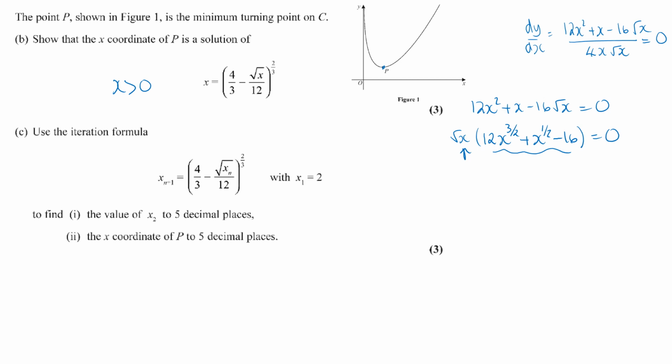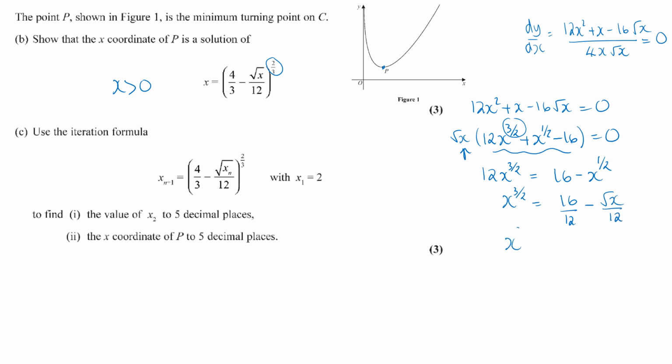Now, what they've done is use iteration to try and home in on one of these x's. You can see by the 2/3, it's kind of like this term here turned upside down. So if we say that 12x to the 3 over 2 is going to equal 16 minus x to the half, or root x, then we'll get x to the 3 over 2 is equal to 16 over 12 minus, if I just write that as root x over 12.